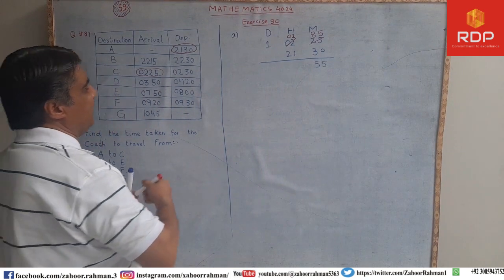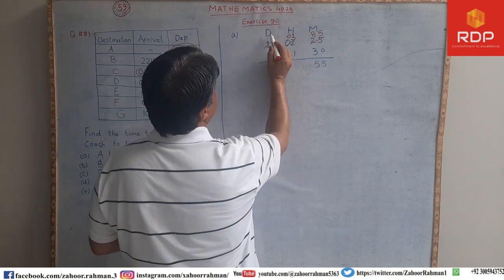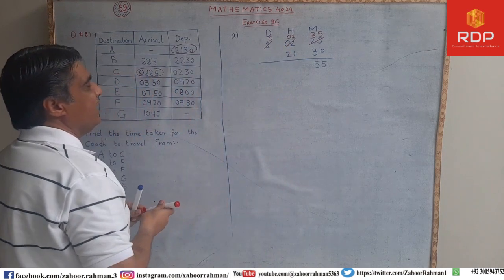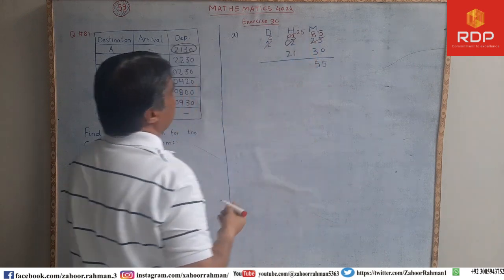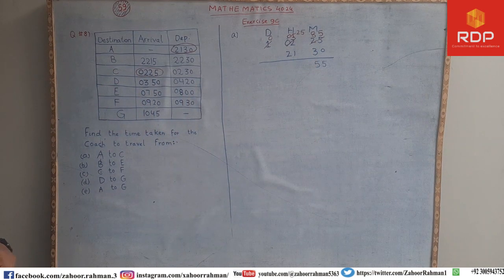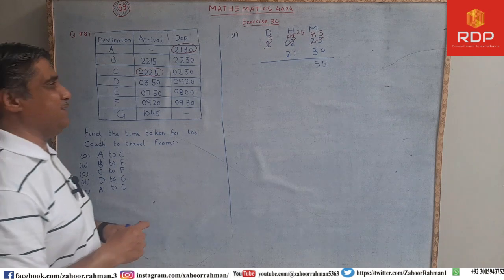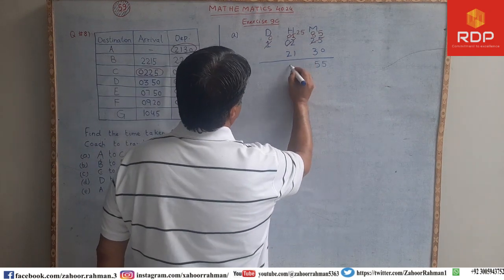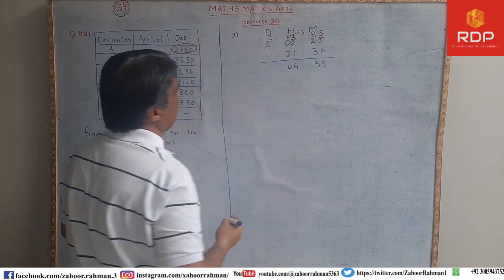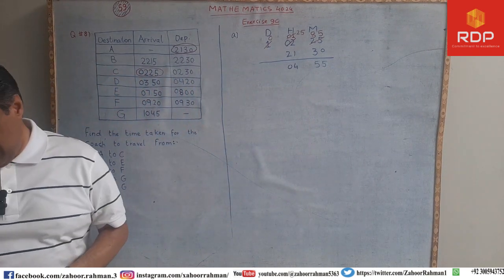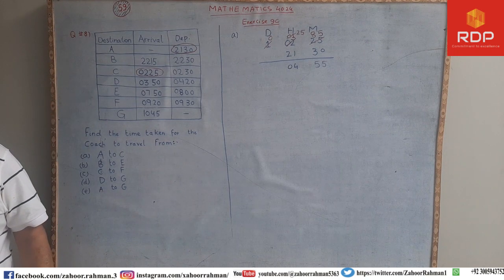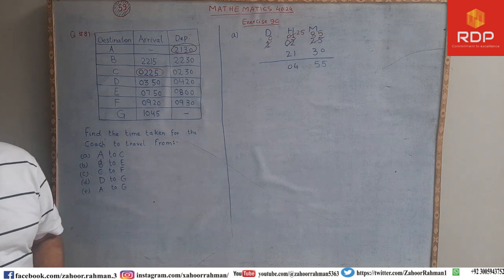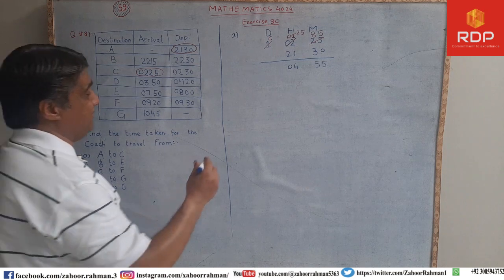No. So we have to erase this day and it will be 0 and this will become 25. So when 1 is added to 24, it is 25, and when we subtract this will be 04. So the duration of journey from A to C is 4 hours 55 minutes.